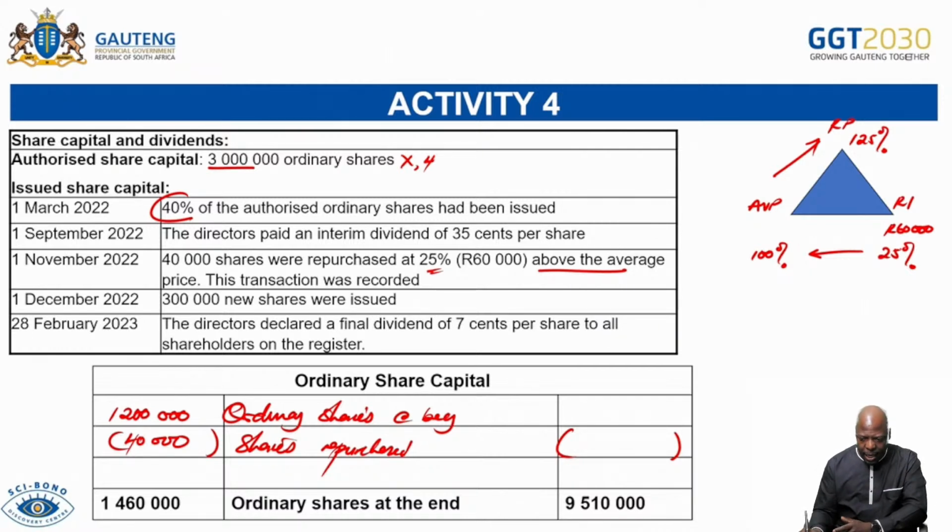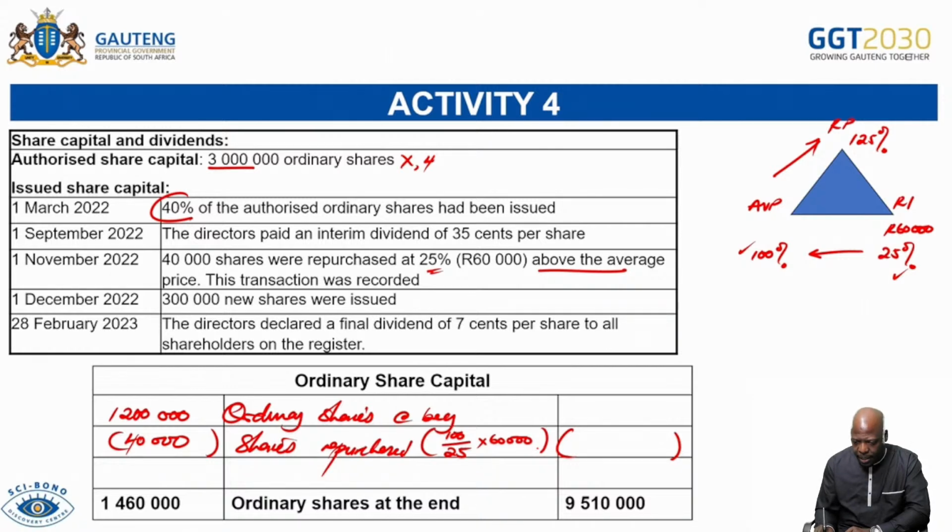So I think we can get our average price in that case. And I would come here and I'll then say, what is it that we want? We want 100. So I'll come here. We want 100. What is it that we have? We have 25, which is this one here. And then that 25 is equal to the 60,000.